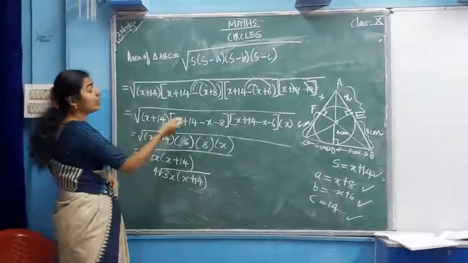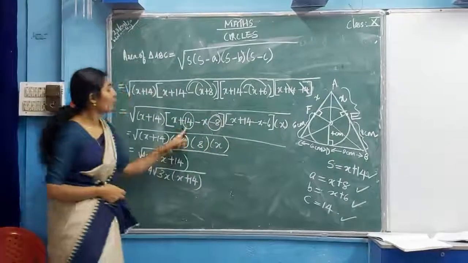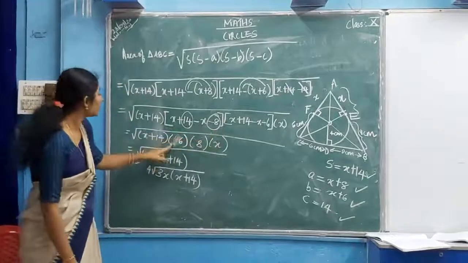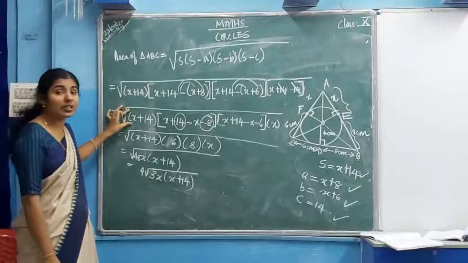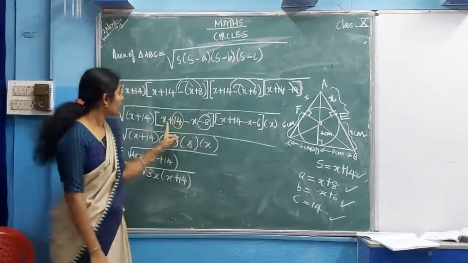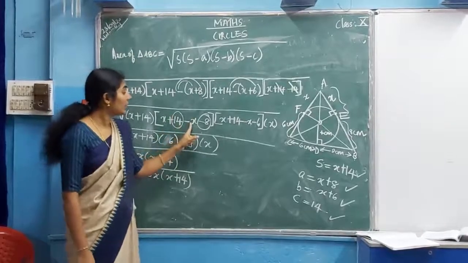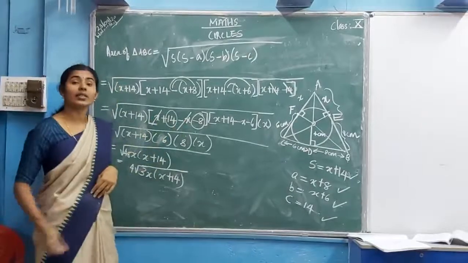Now when you simplify this one, what is 14 minus 8? 14 minus 8 is 6, isn't it? See here, the first term in this one is x plus 14. See the second term: x plus 14 minus x minus 8. And you know x minus x is 0.